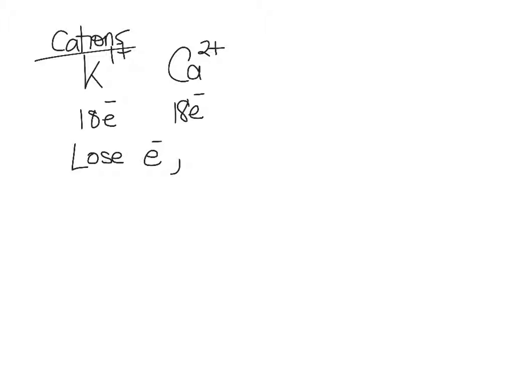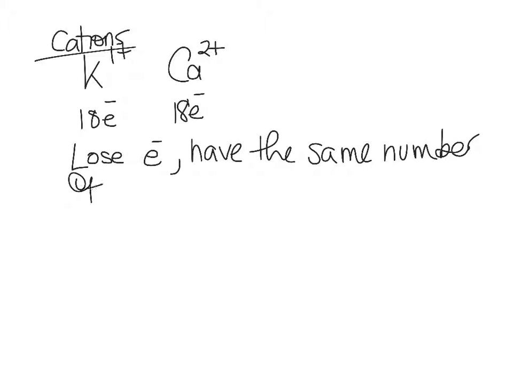They have the same number of protons as their atom. A cation is a positive ion. So cations lose electrons, but they have the same number of protons as their atom.